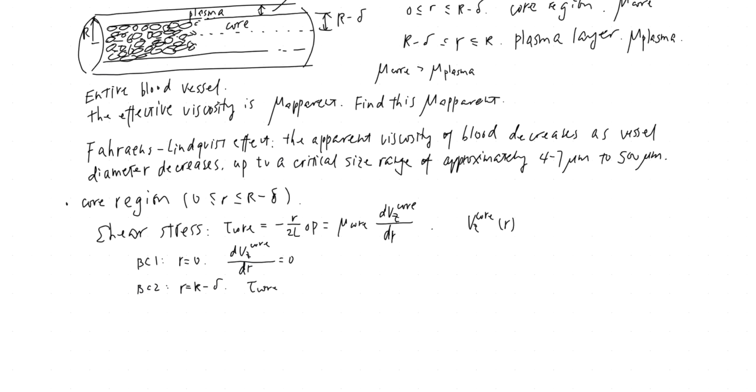The shear stress tau of the core part should be the same as the shear stress of the plasma. Although we don't have an equation for plasma yet, we know this is the boundary condition.